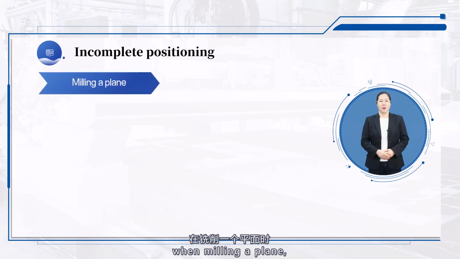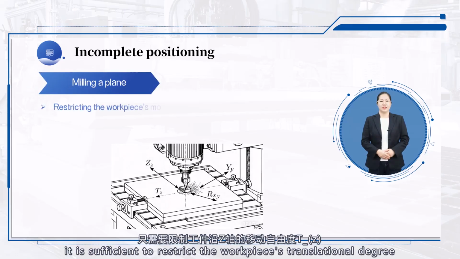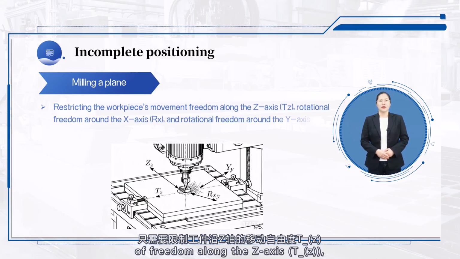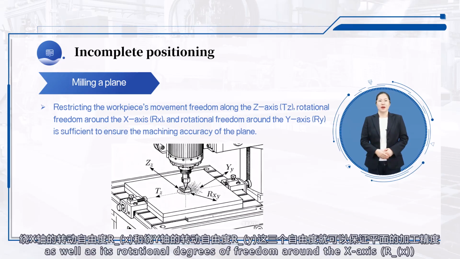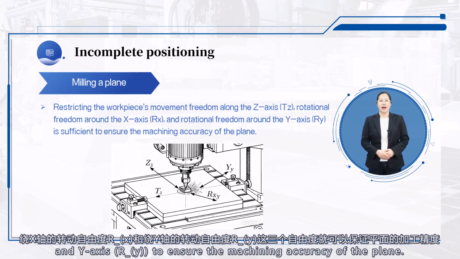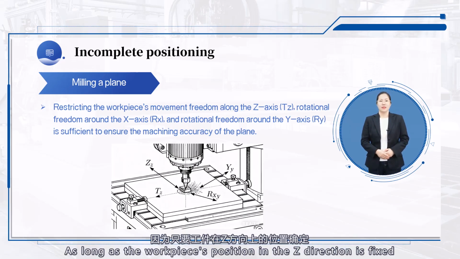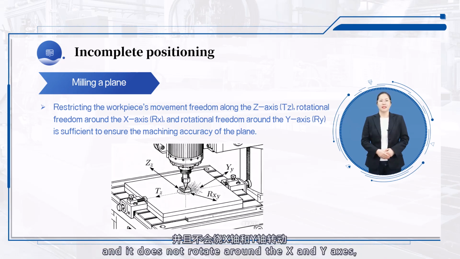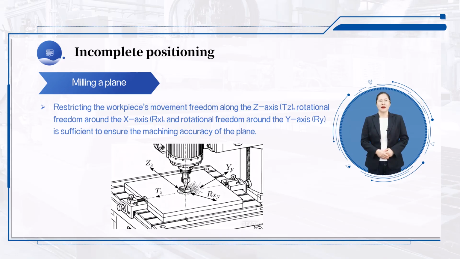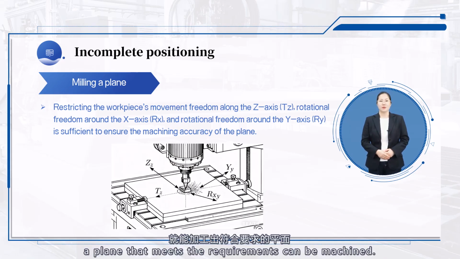For example, when milling a plane, it is sufficient to restrict the workpiece's translational degree of freedom along the z-axis, T_Z, as well as its rotational degrees of freedom around the x-axis, R_X, and the y-axis, R_Y, to ensure the machining accuracy of the plane. As long as the workpiece's position in the z direction is fixed and it does not rotate around the x and y axes, a plane that meets the requirements can be machined.